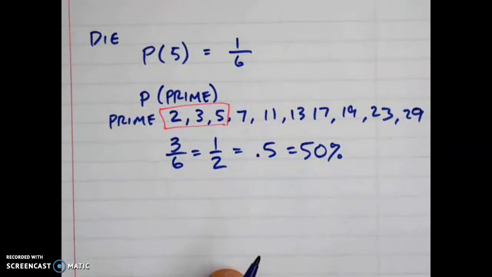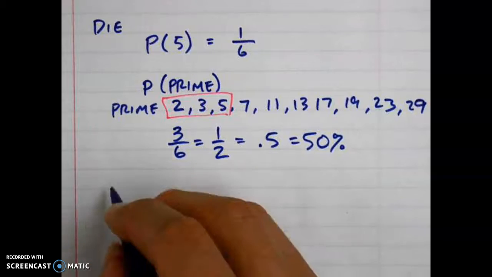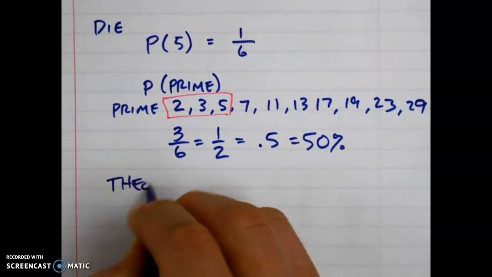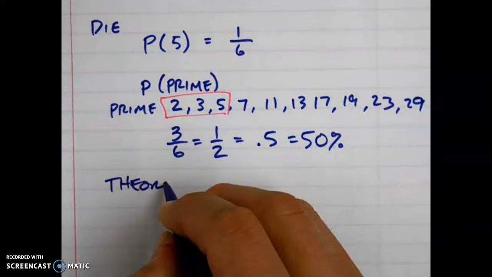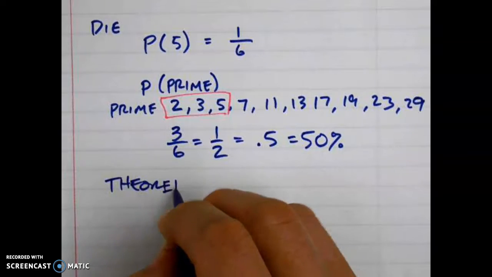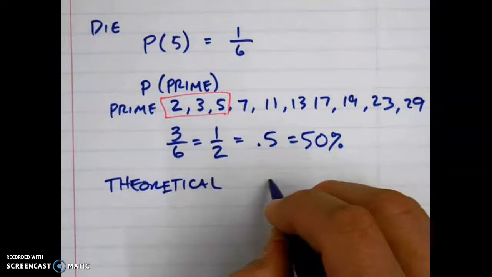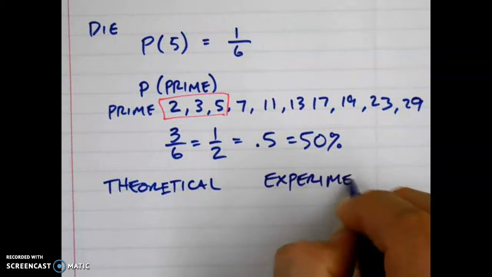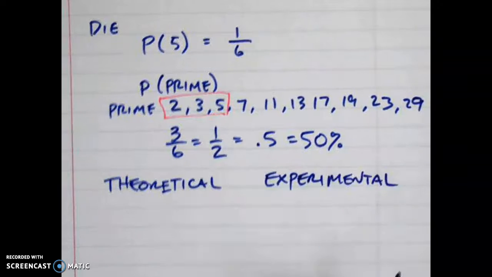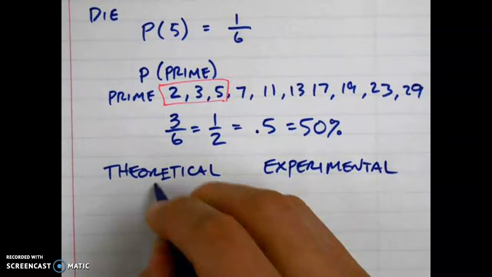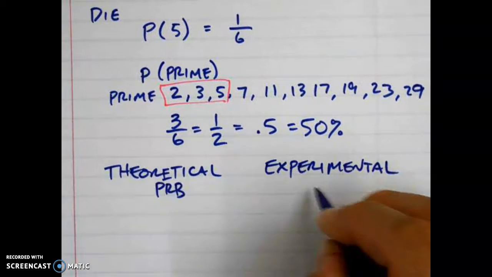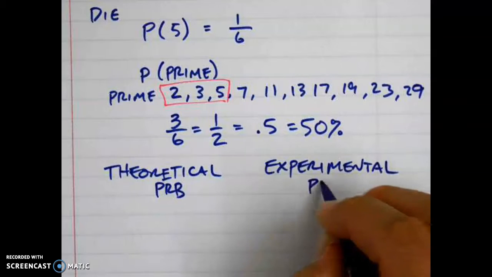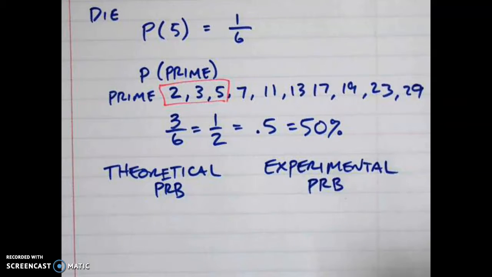One last thing I want to cover is theoretical and experimental. You have your theoretical probability, and you have your experimental probability. Theoretical.